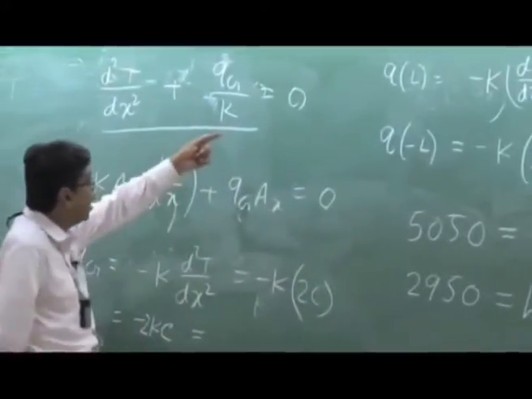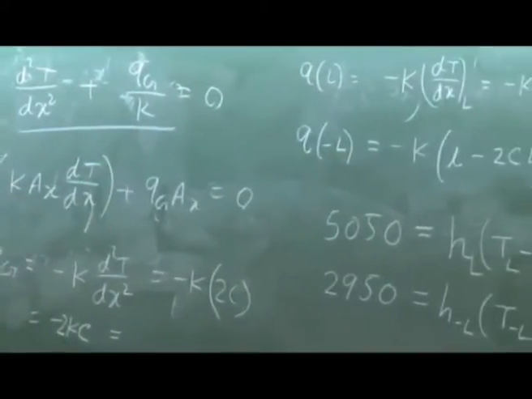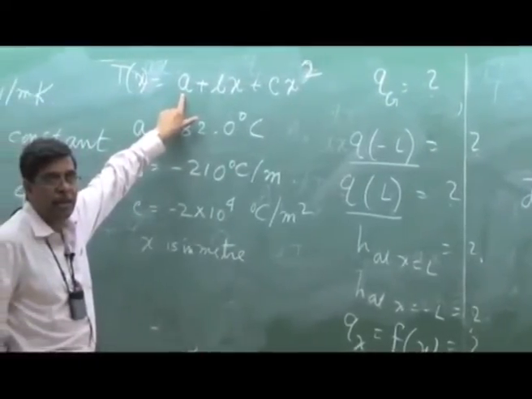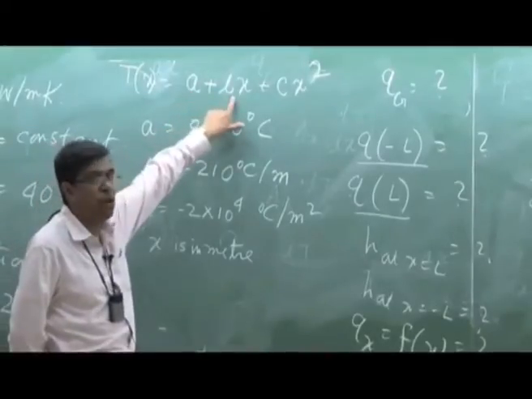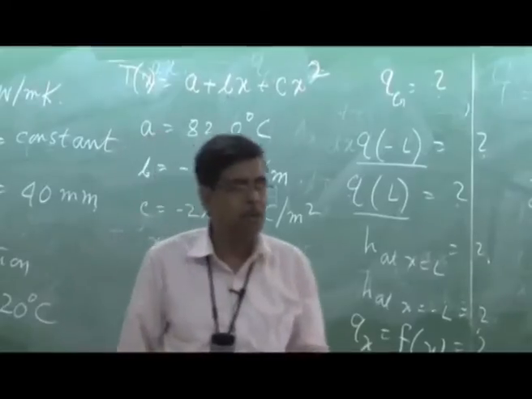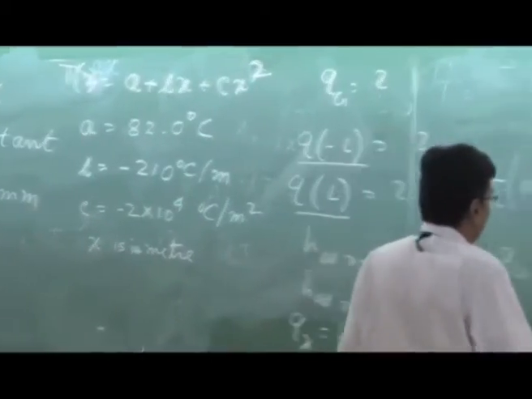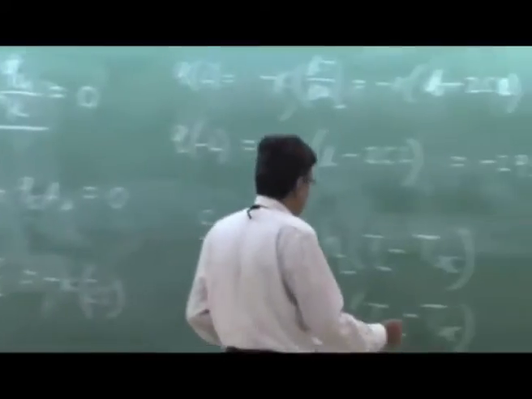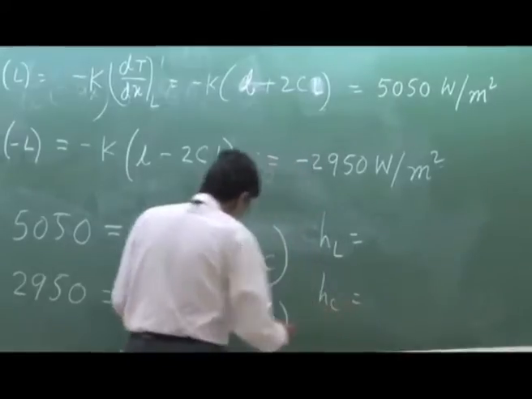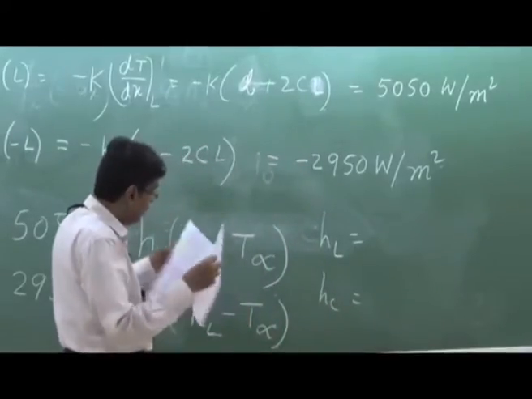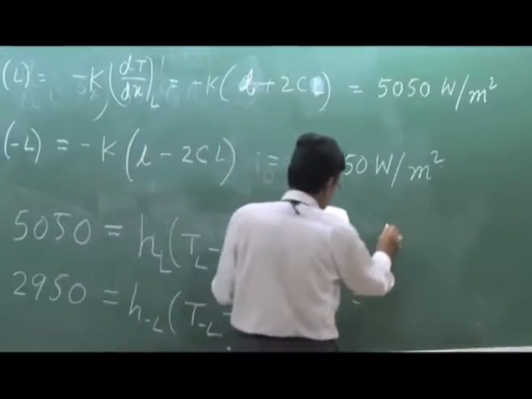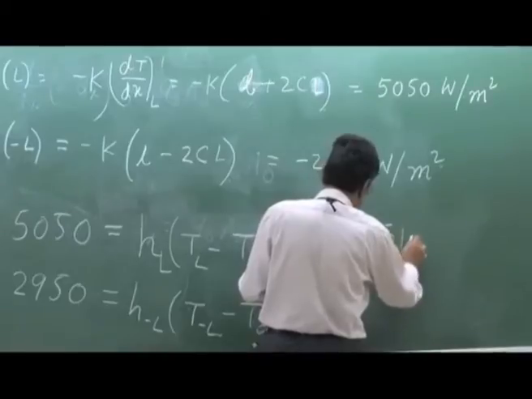How? We have found out Q at L and Q at minus L. So T at L and T at minus L will be found out by substituting x by L and minus L. This will only change. And A, B, C we know, so it is extremely simple school level thing, so that one can get the value of H at L and H at minus L. What are the values? I tell you, whether they have done it correct or not, I don't know. You just check. If you do it correctly, your thing will be correct.